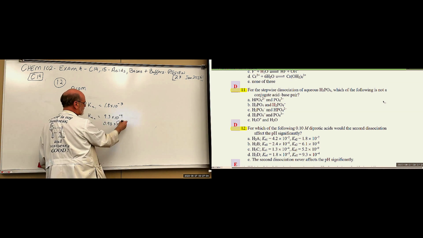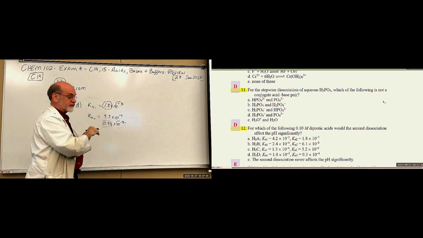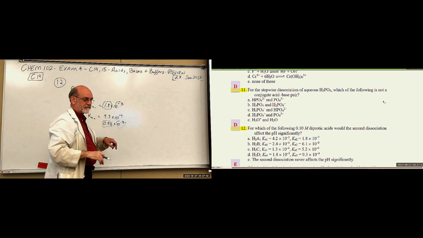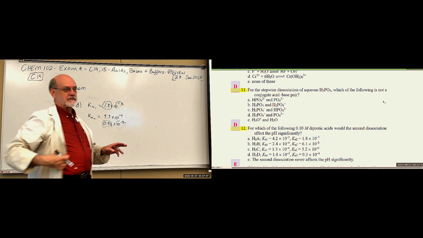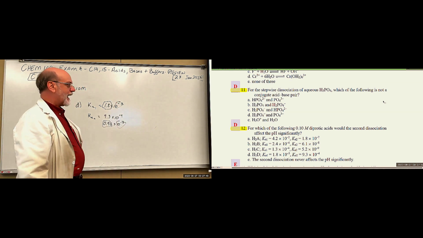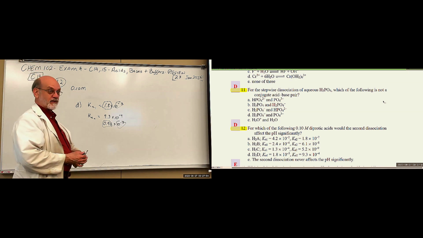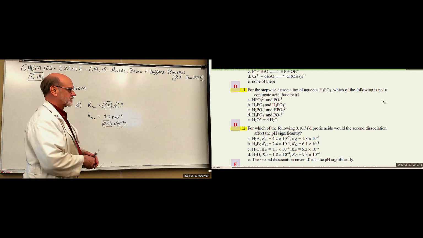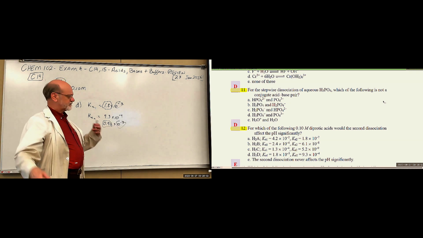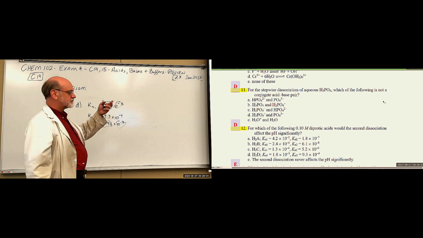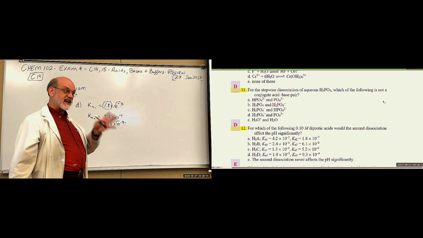Since these are the same power, now we can look at these two. They're relatively close. This is only twice as big as that one. The second dissociation would definitely influence the first. Now, I don't know if that's a real acid or not. It would be hard to find, but maybe. But theoretically, for D, the second dissociation would have an influence on the pH.